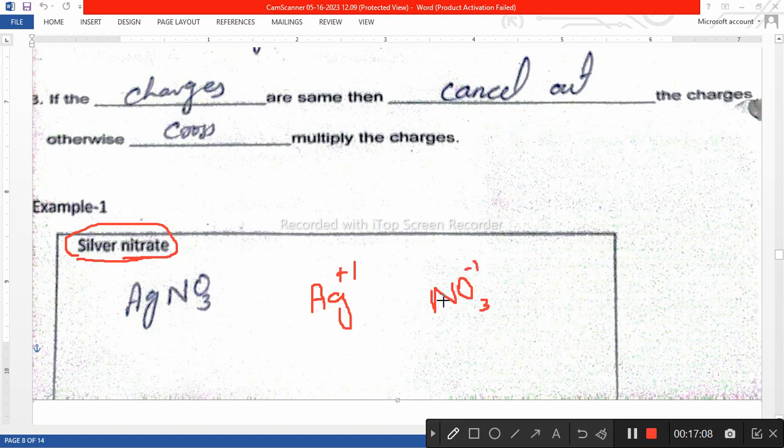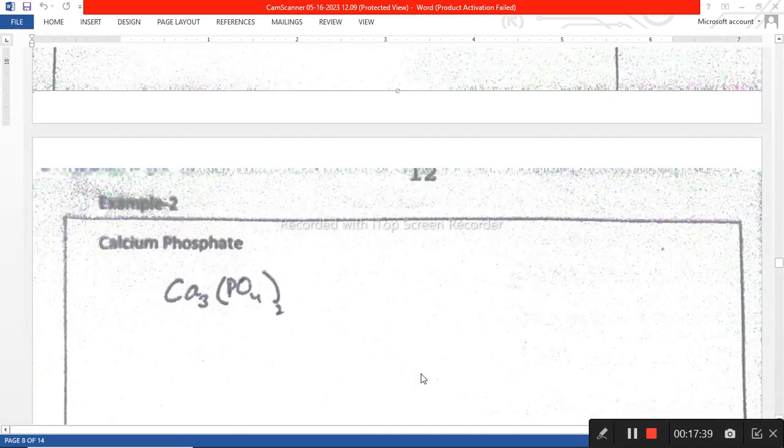To remember the charges of these: nitrate, sulfate, carbonate, sulfide, nitrite, you have to learn the table which is above on this page. Now the charges are the same, so we will cancel them out and we have the final product, AgNO3, meaning silver nitrate. Hope it will be clear to you.